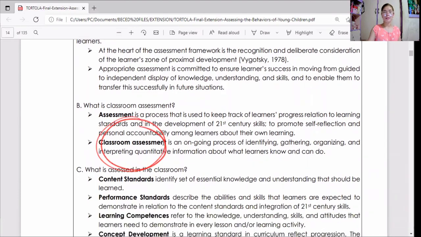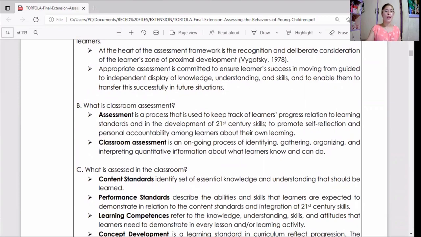Classroom assessment is the process of identifying, as what we have discussed in the first lesson. It's more on gathering, organizing data, and then interpretation of the information. Then after the interpretation, that's the time that the teacher will evaluate, and that would be the basis for decision making.